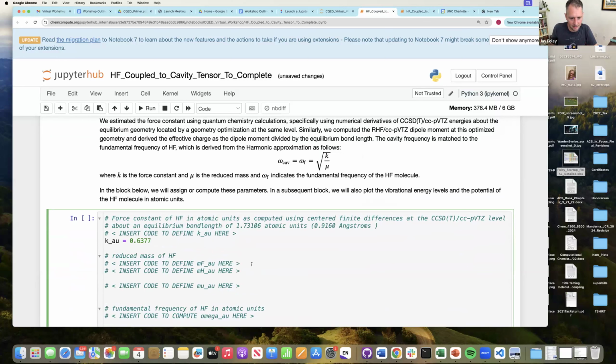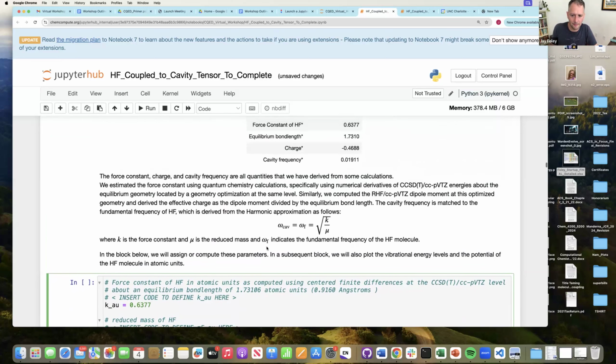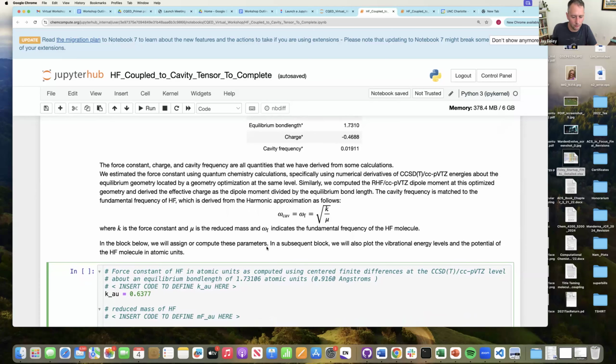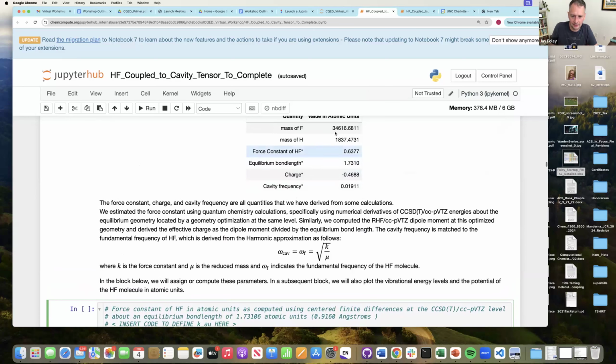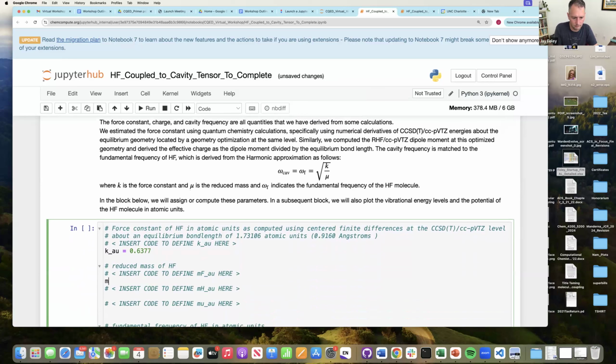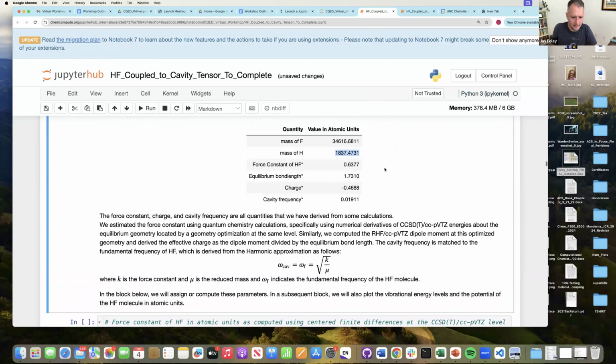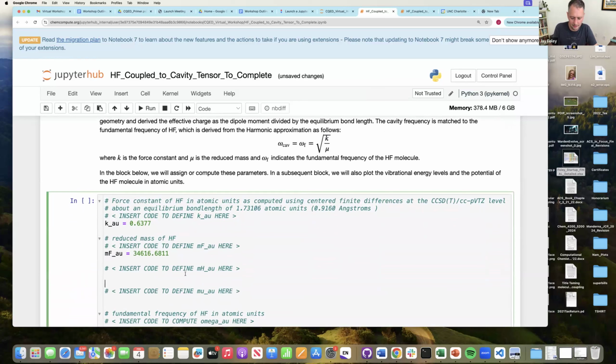And then I'm going to take the mass of fluorine in atomic units next. I'm going to take that number from up here. So lowercase m, uppercase F underscore AU is equal to this. And I'll grab the mass of hydrogen in atomic units, and I'll insert that here.